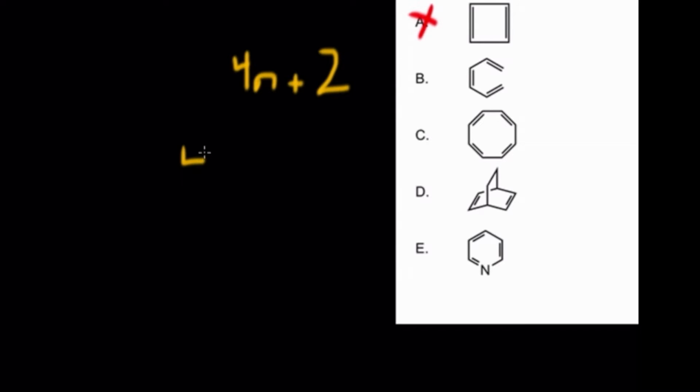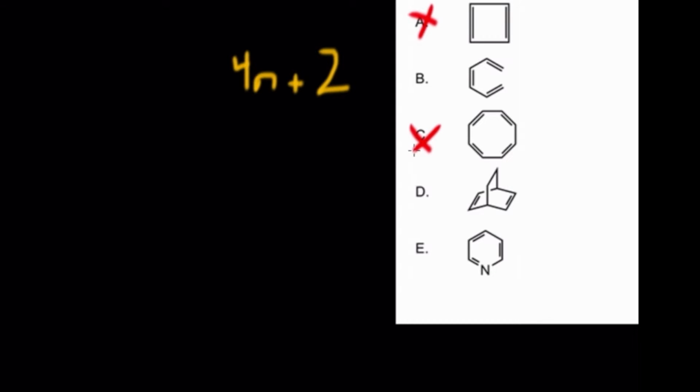If you have 4n plus 2 equals the 8, all right, let's check this out. So we know that 8 minus 2 is 6. 6 divided by 4 is 3 halves. So n is not a whole integer. So again, something like C is not aromatic because it does not follow the Huckel rule.